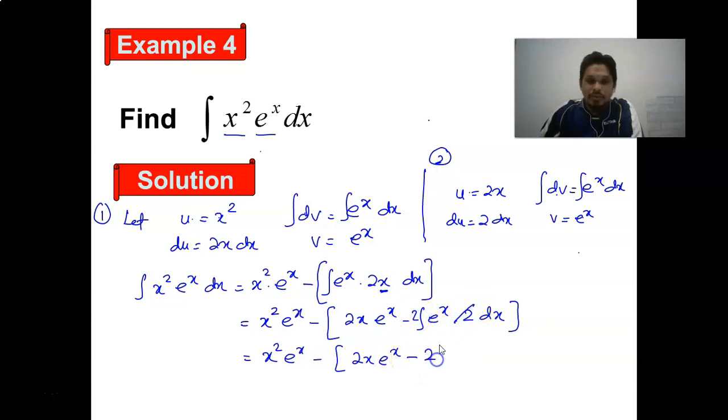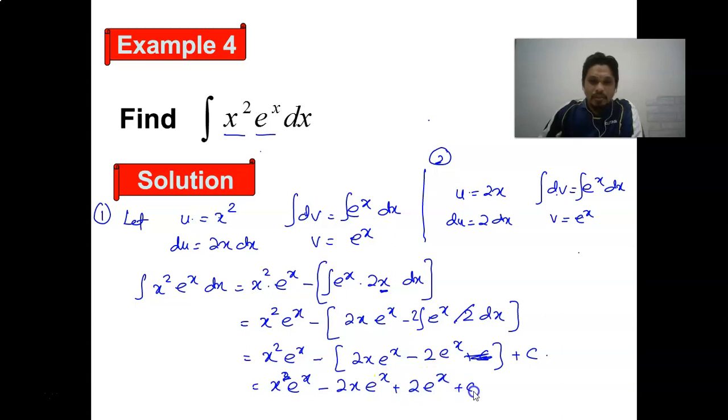So minus 2 times the integral of e^x equal to e^x plus c. Or I just put plus c outside here. Then x squared e^x, negative times this, minus 2x e^x, negative times negative is positive, 2e^x plus c.